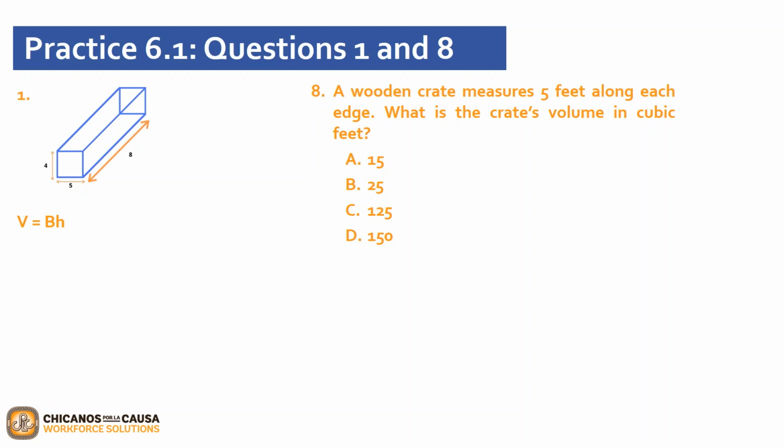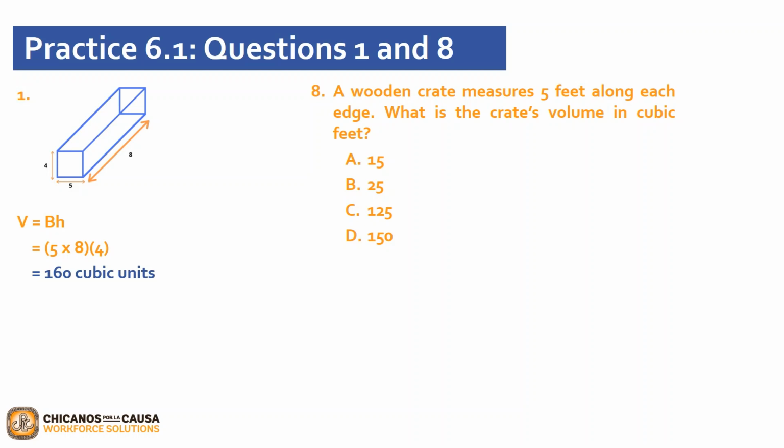Remember, we have 2 bases and we have 1 height. So let's replace the variables with the values given. In this instance, it's going to be the base, which is 5 times 8, because remember we have 2 bases here, times 4, which is the height. That gives us an answer of 160 cubic units.